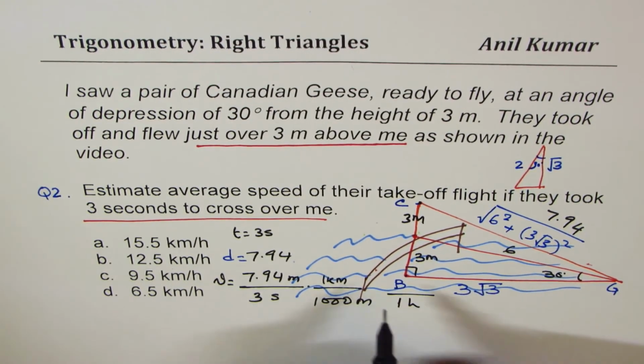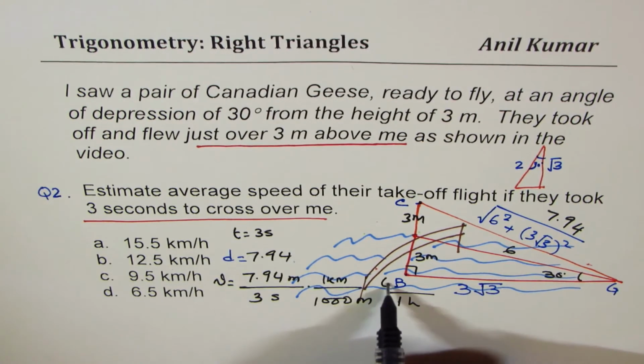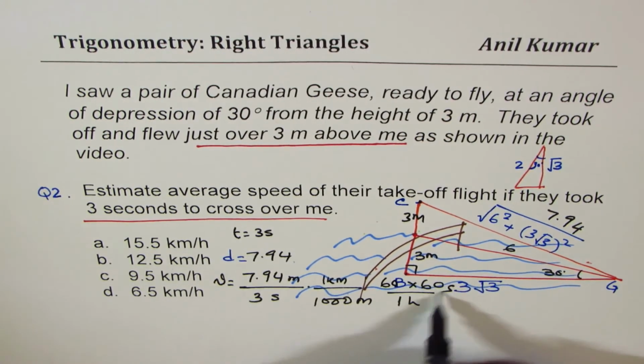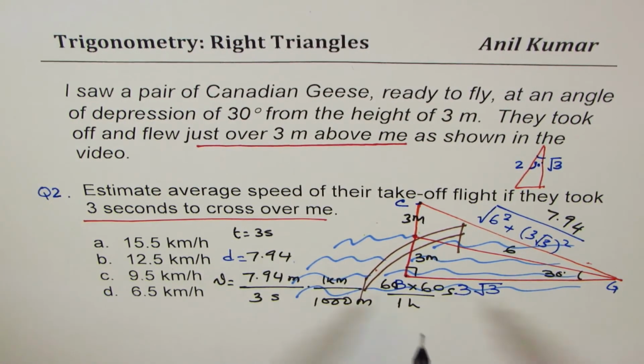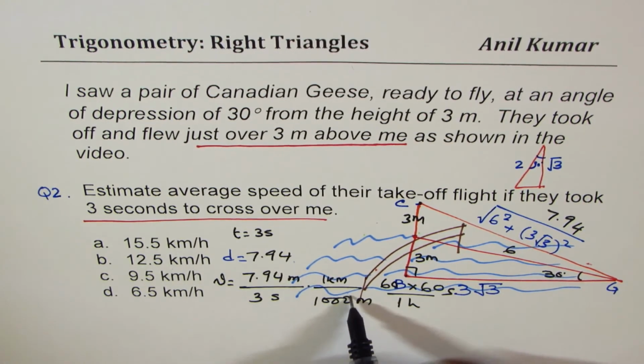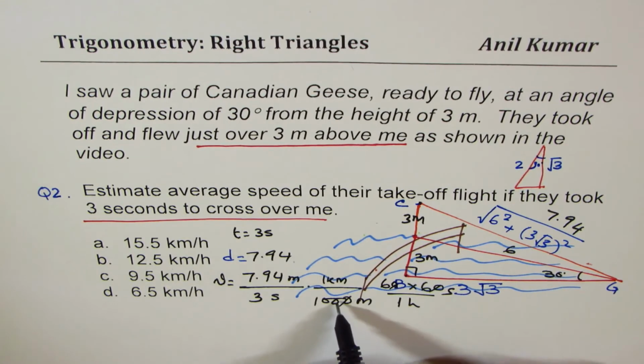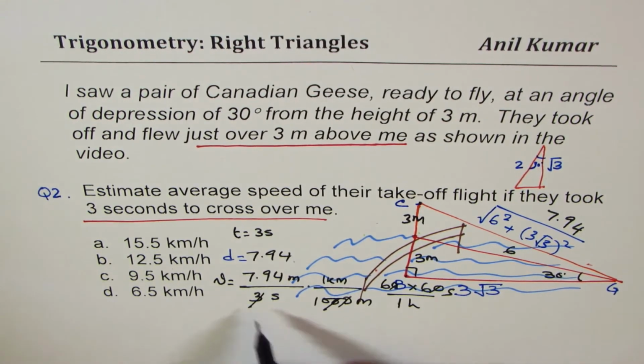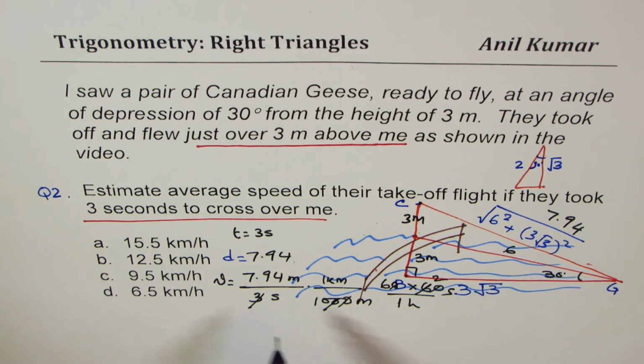So 1 hour is equal to 60 times 60 seconds, correct? Now placing that, we can calculate it easily, cancelling 2 zeros here, right? And then with 3 we could cancel this 2 times.